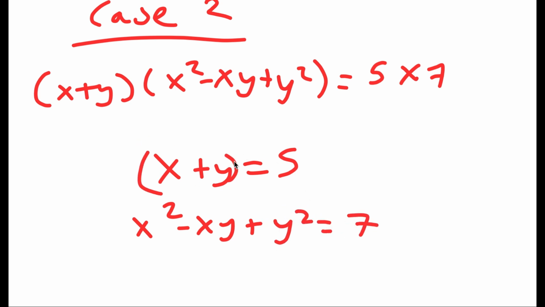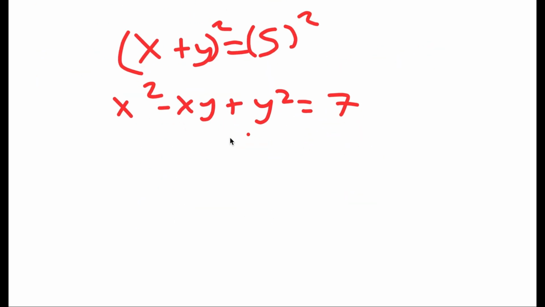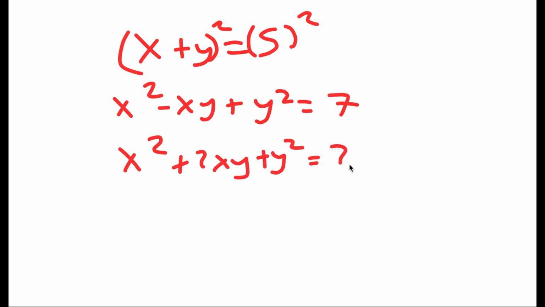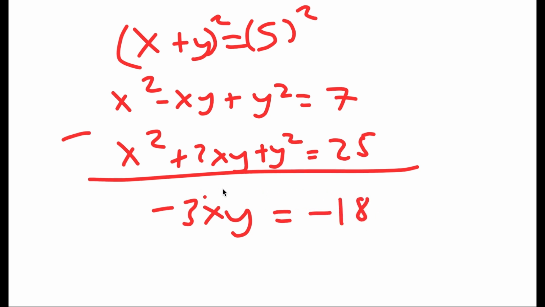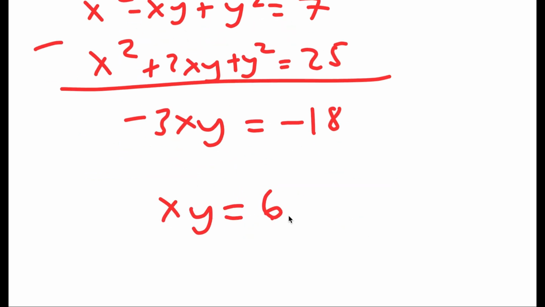And now I'm going to square both sides like I did last time. So now I have x squared plus 2xy plus y squared is equal to 25. And now if I subtract these, I get negative 3xy is equal to negative 18, meaning x times y is equal to 6.